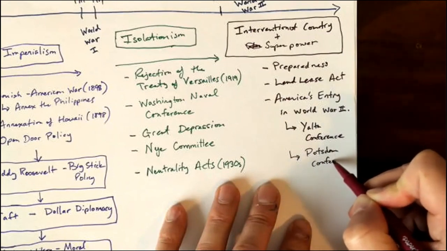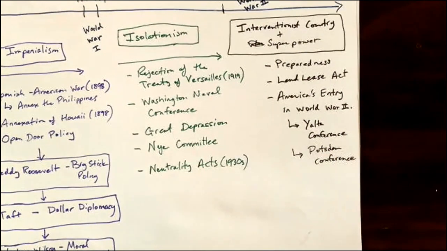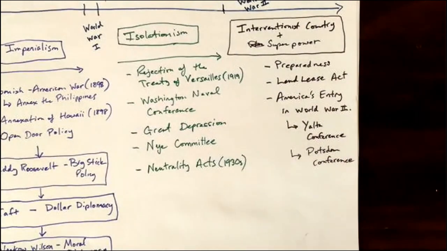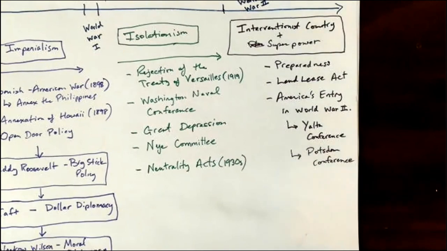So it's clear that after World War II, America, unlike World War I, is embracing its role as a world power, and we're going to see that moving forward. And we see that throughout all of period 8 as we start to get into the Cold War.